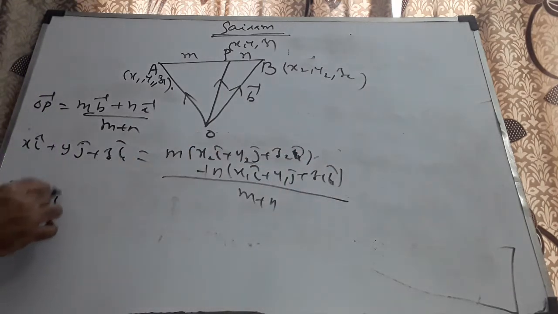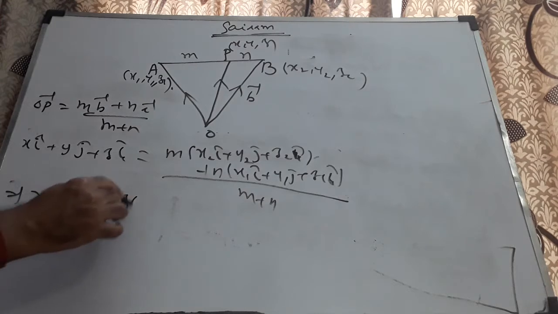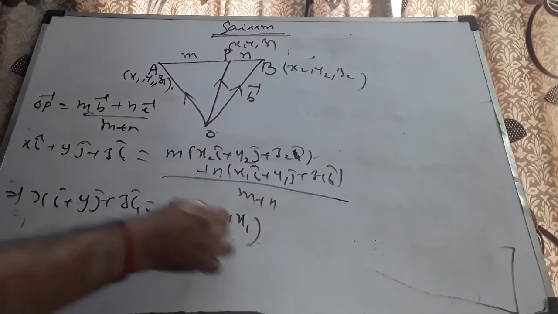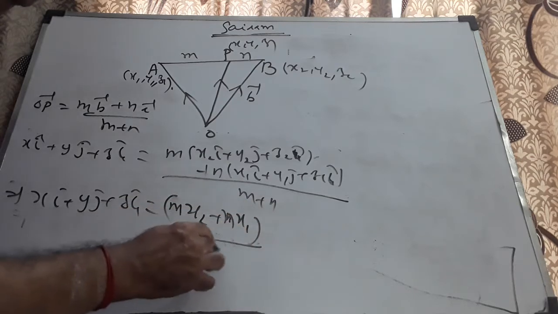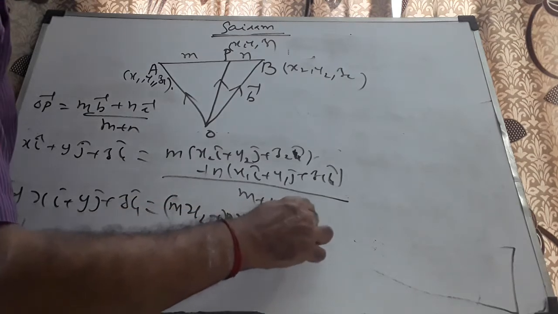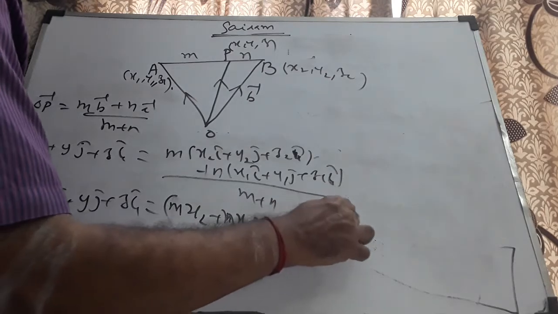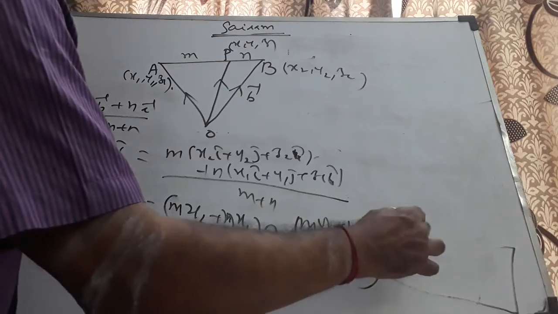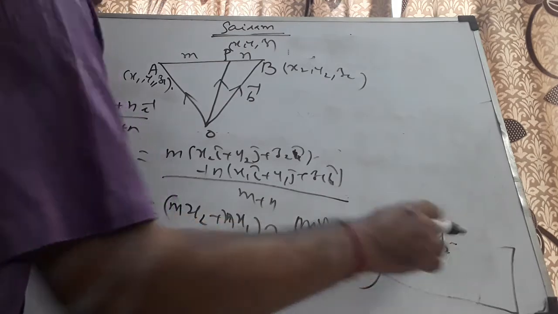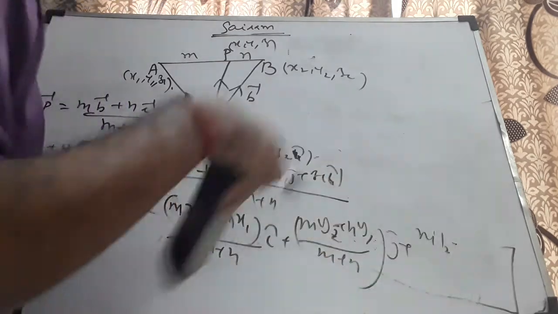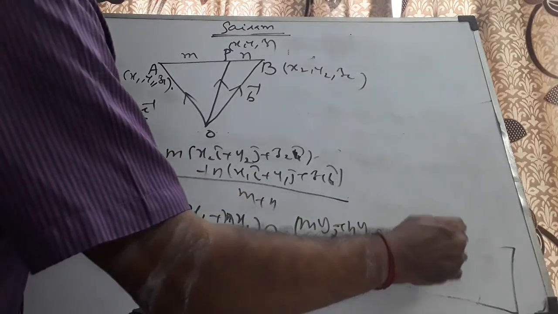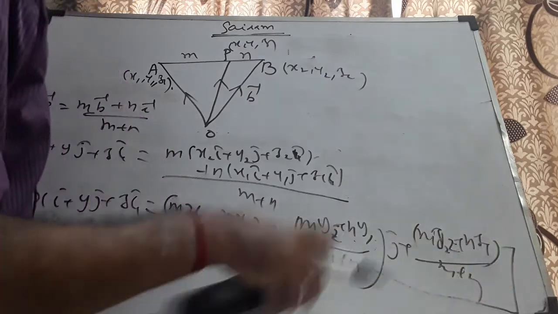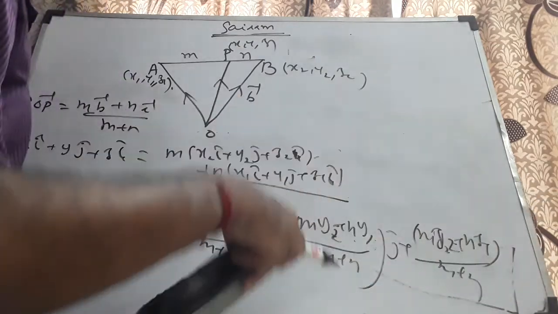This implies x i cap plus y j cap plus z k cap will be equal to (m x2 plus n x1) divided by (m plus n) times i cap, plus (m y2 plus n y1) divided by (m plus n) times j cap, plus (m z2 plus n z1) divided by (m plus n) times k cap.